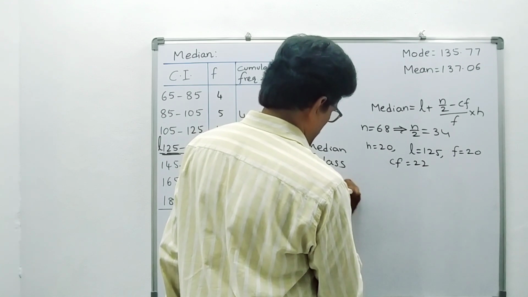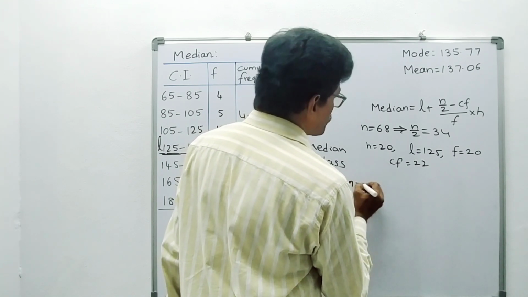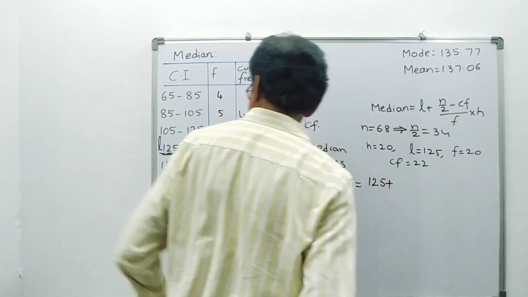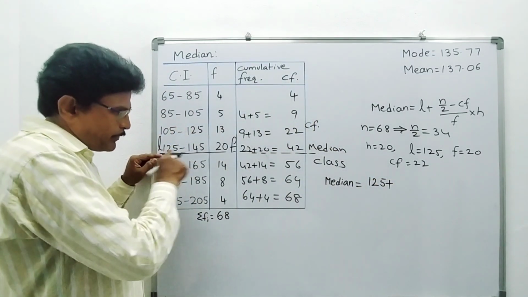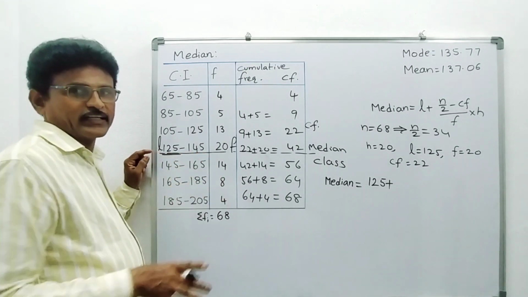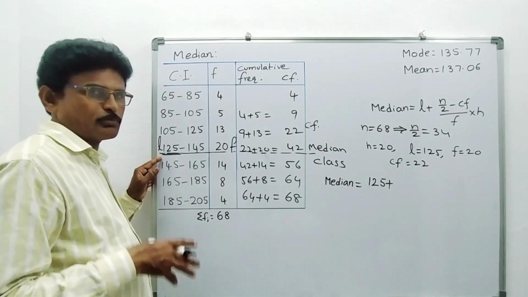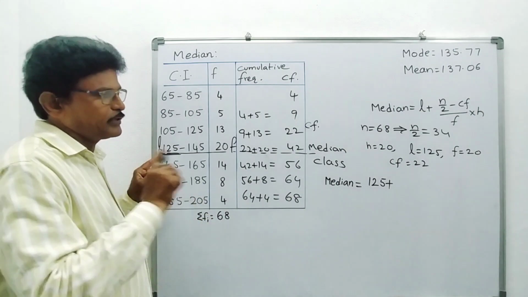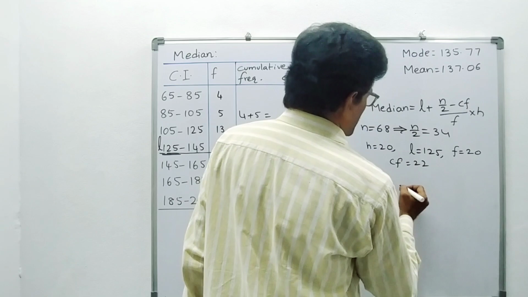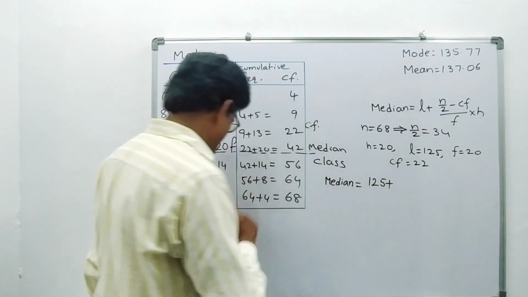So the median is what? L plus. L is 125. Okay. Lower boundary of the median class, that is L. For mode also we are taking like this only. You can read it as lower limit or lower bound of the median class. No problem. Right. L is 125 plus N by 2. N is 68. Okay.